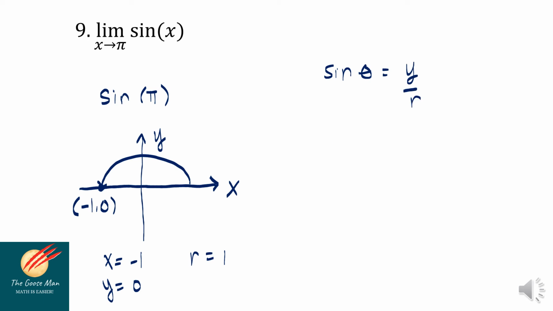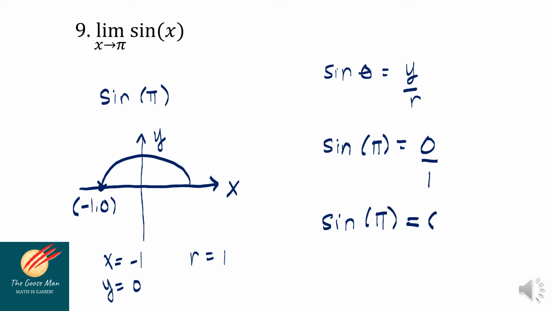So it means that sine pi is equal to the value of y, which is 0, all over 1. So sine pi is equal to 0.